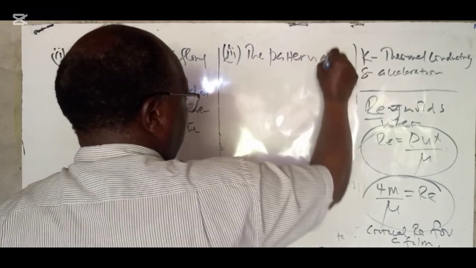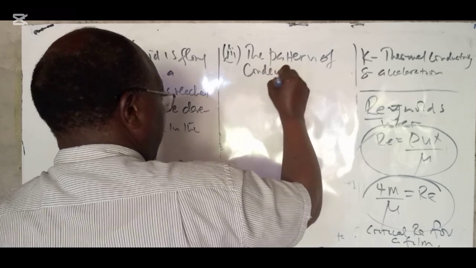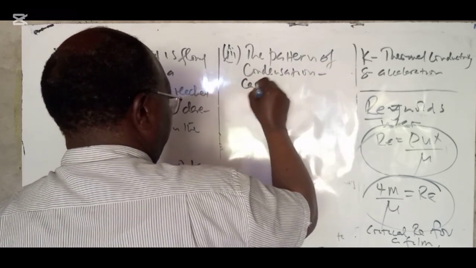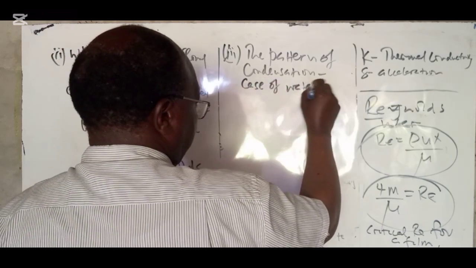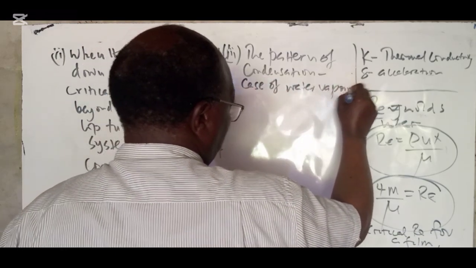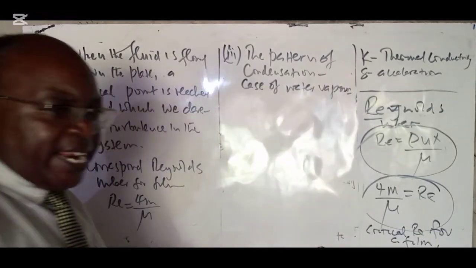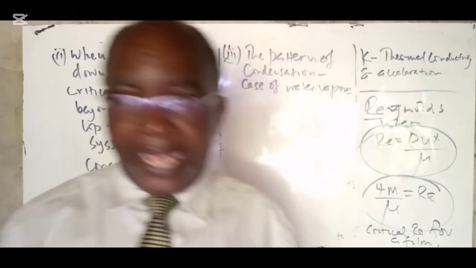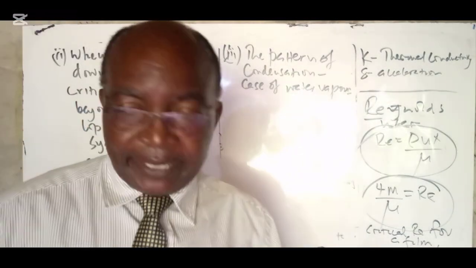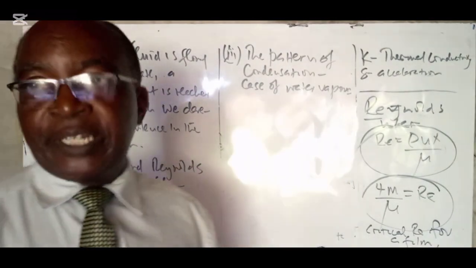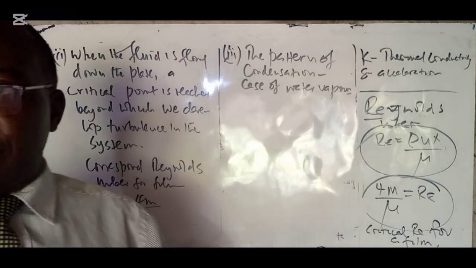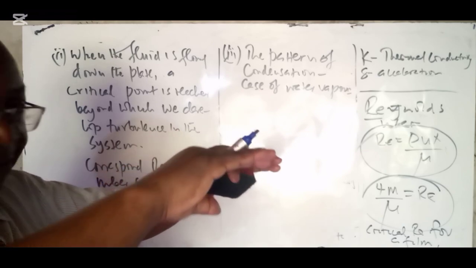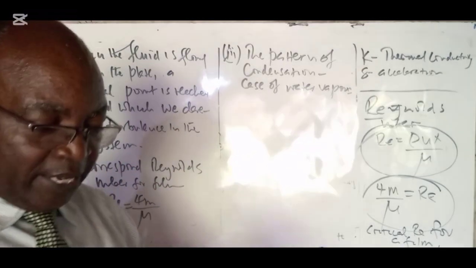Now, when you condense clean steam on a clean surface, we expect film-wise condensation. In other words, you should develop a film. That is if you have clean steam and a clean surface.